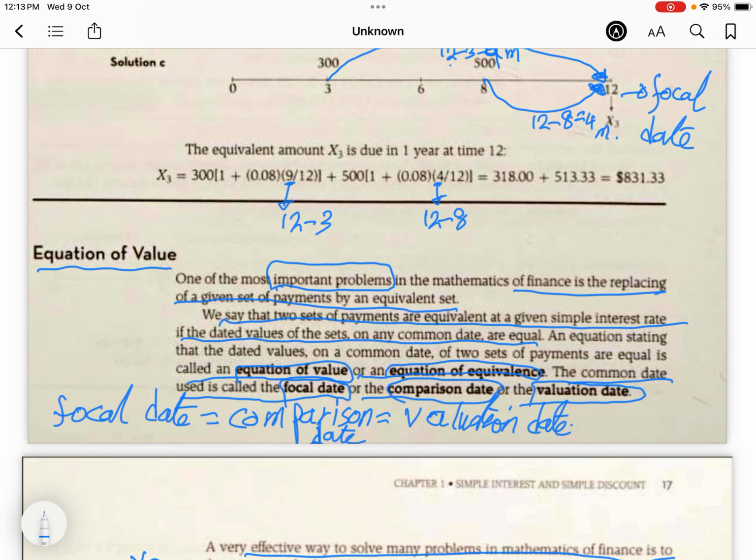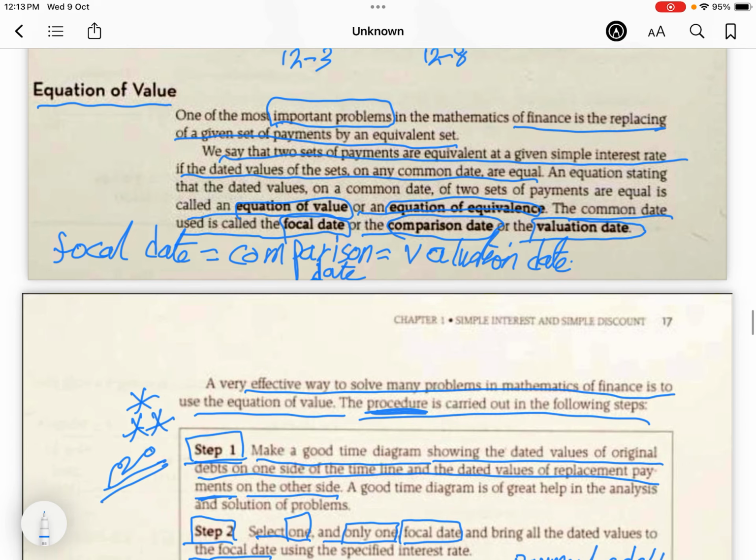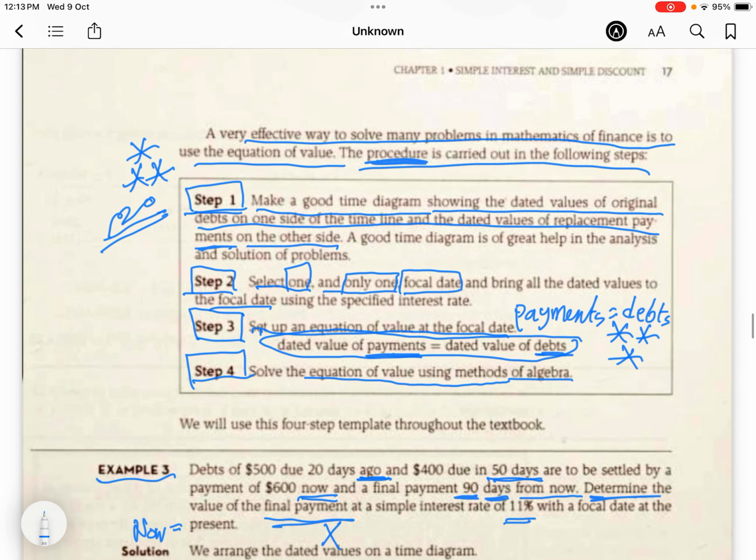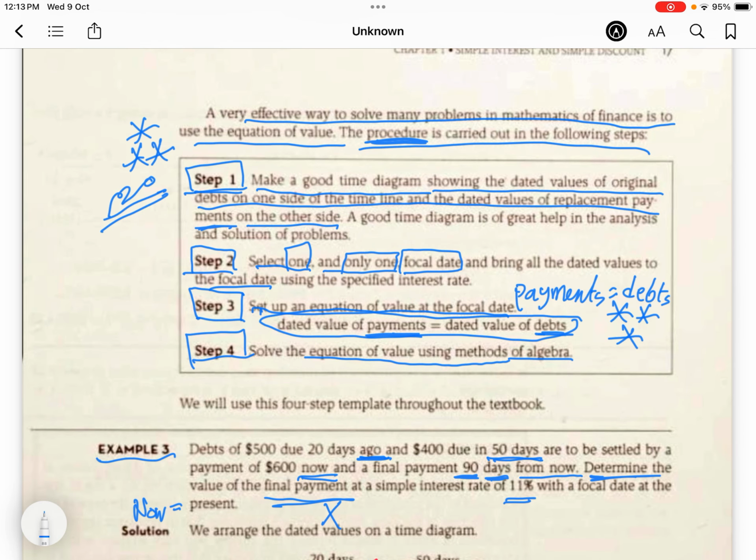Equation of value. But notice that you must have the debits equal payments, and a very effective way to solve any problem which is important in mathematics of finance is to use the equation of value. The procedure is carried out in the following steps. Notice it's very important.